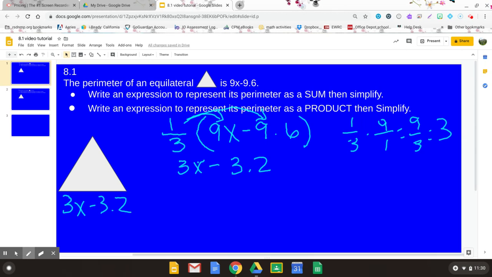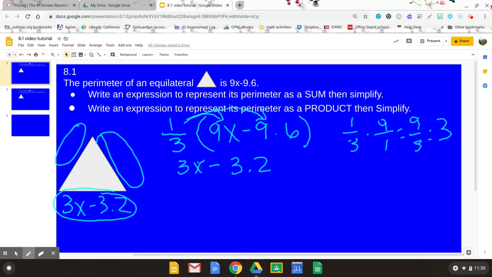So they want us to write an expression that represents the perimeter as a sum. So I need to add this side plus this side plus this side, and now I know that all three sides are 3x minus 3.2.